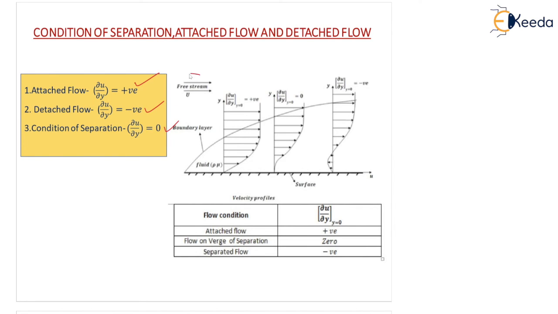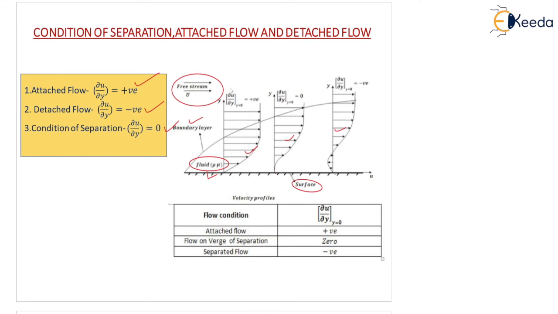Look at this diagram once again. Free stream velocity u infinity, boundary layer, flat plate, fixed plate surface, and fluid having density rho and viscosity mu are mentioned here. And this is the parabolic velocity profile you can see here. One is attached flow, one is about to separate, and one is separated flow.